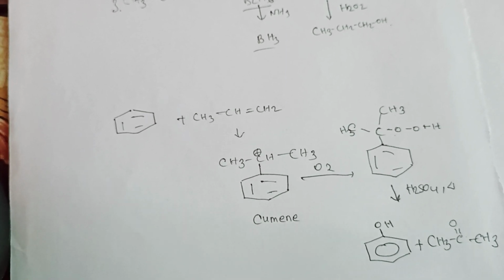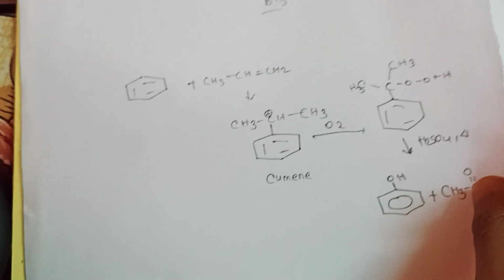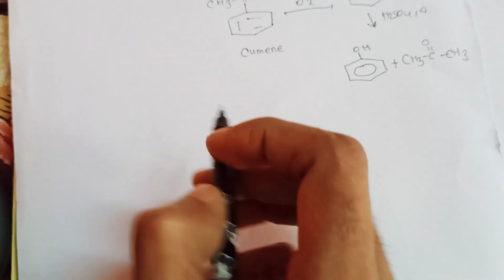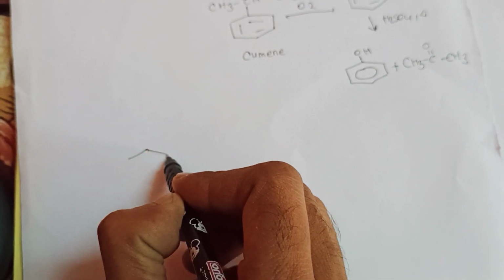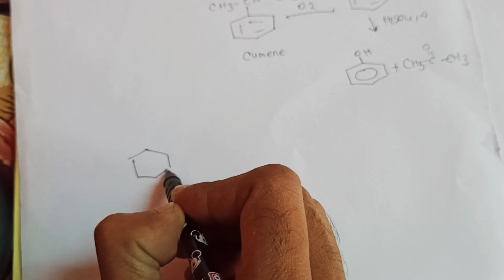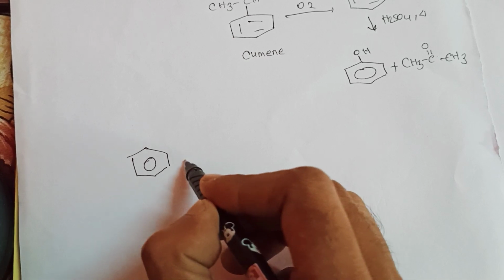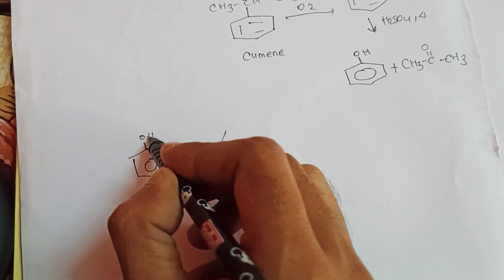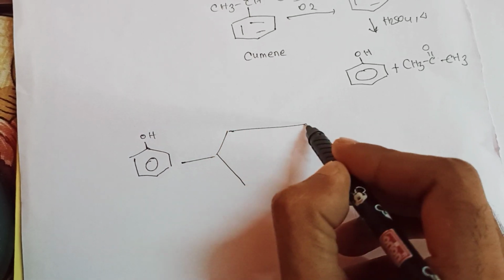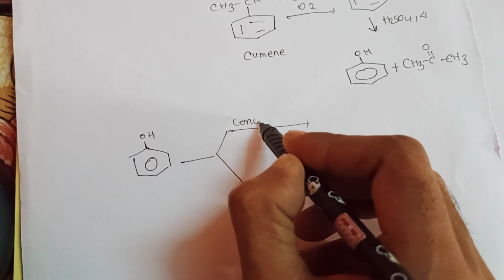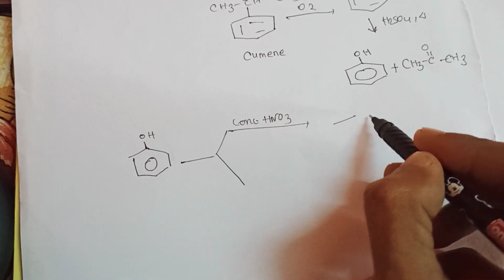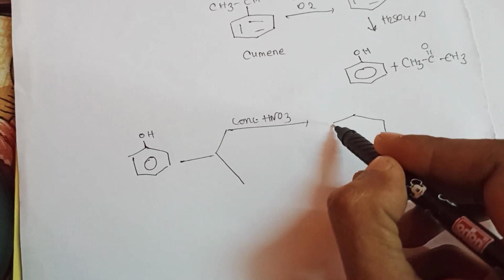Now the next reaction is phenol in the presence of concentrated HNO3 and dilute HNO3. Phenol in the presence of concentrated HNO3 will form 2,4,6-trinitrophenol, that is called picric acid.